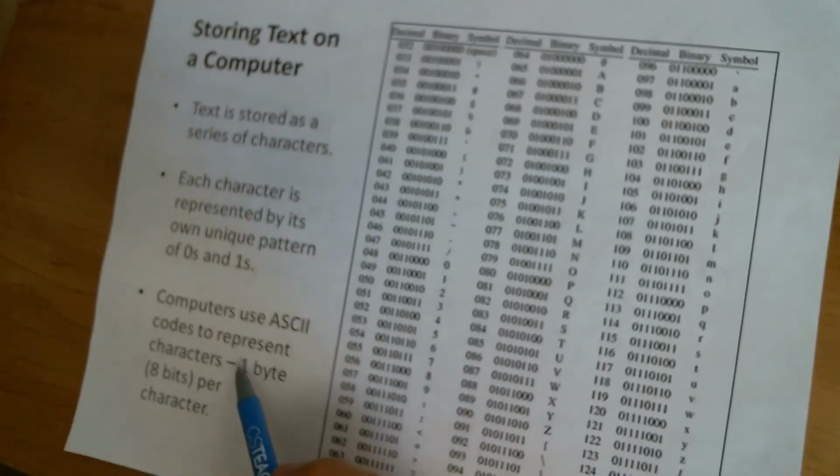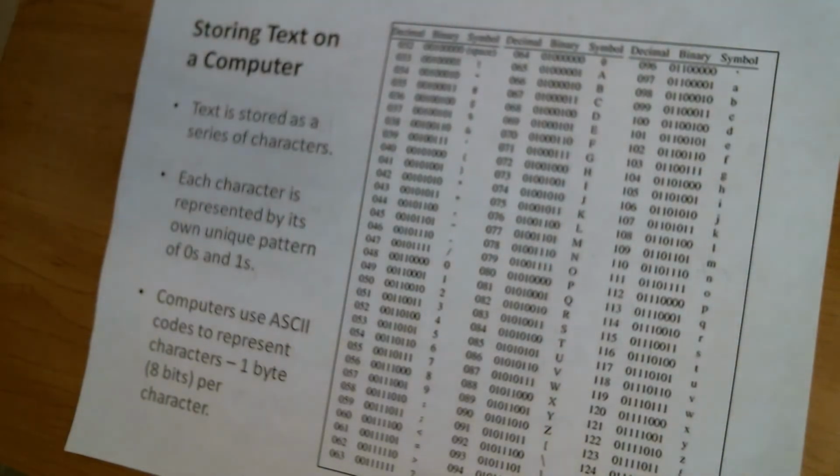And then computers use ASCII code to represent characters. 1 byte is used, which means you have 8 bits. So all those different combinations that are possible give you the different letters and characters that you might need.